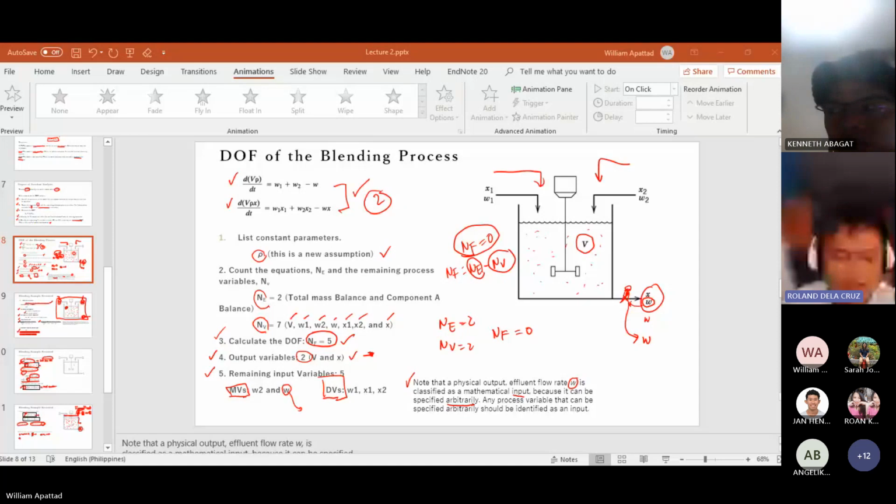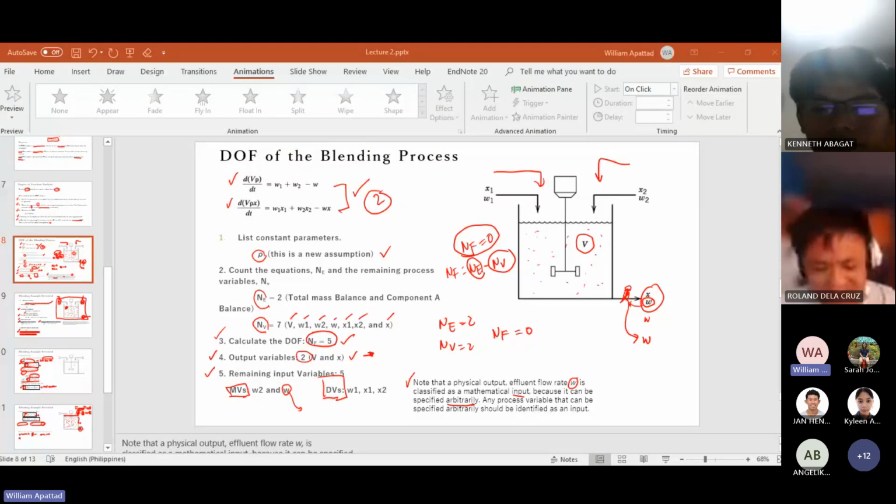Sir, anong coverage ng quiz sa Tuesday next week? Coverage ng quiz nyo next week ay yung Unit 1, Unit 2, and Unit 3. So, Unit 3 na kasi itong process modeling, di ba? Unit 2 is Laplace transform. So, baka magbigay ako ng problems about Laplace transform.